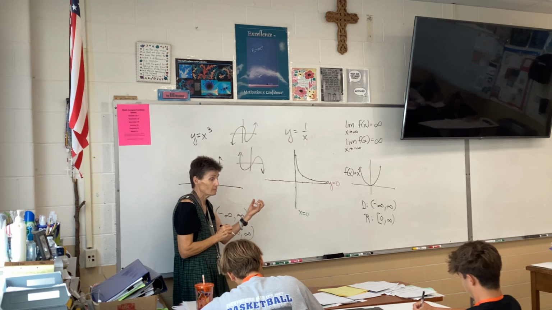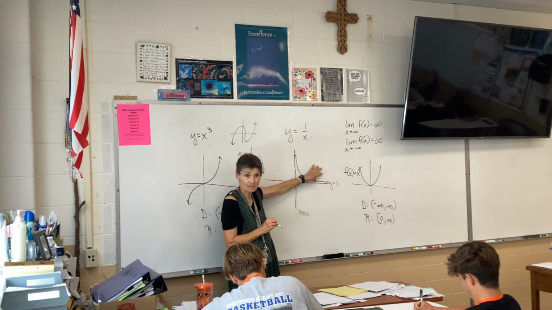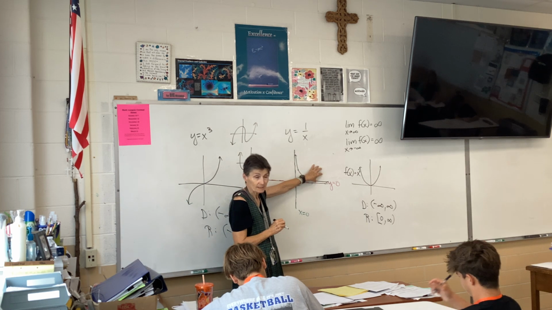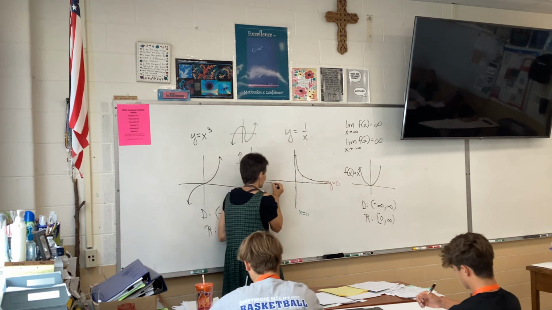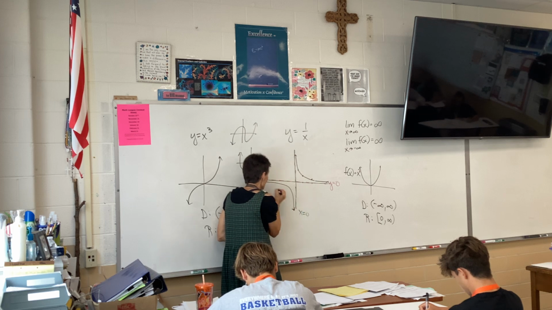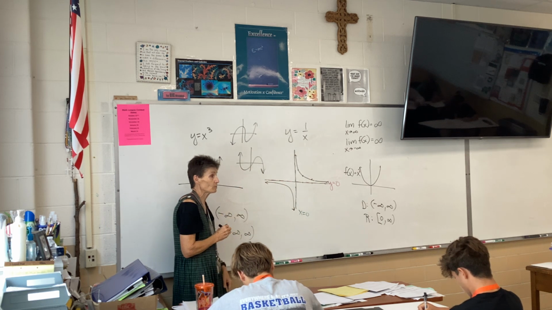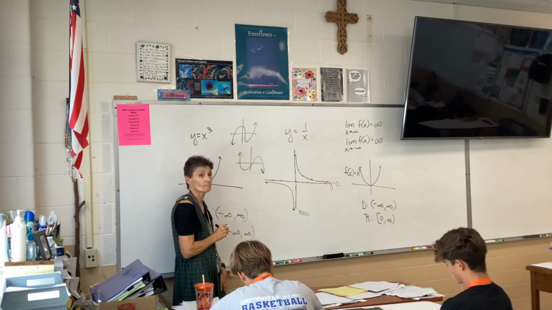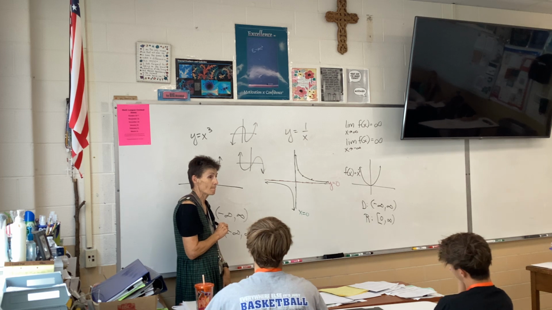It's a hyperbola. And that's what happens if x is positive. Guess what's going to happen if x is negative? I'm going to get exactly the same shape. It's definitely got symmetry, but it's down here in quadrant 3. Is that okay with everybody?